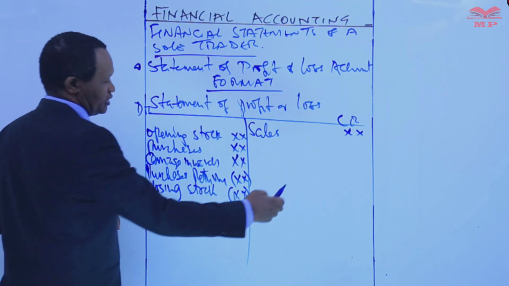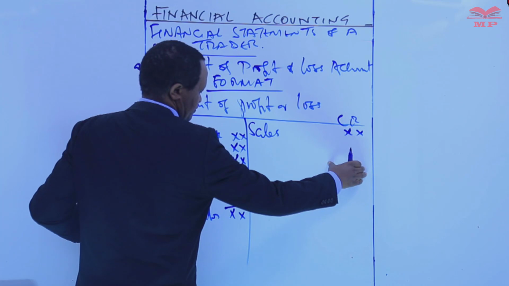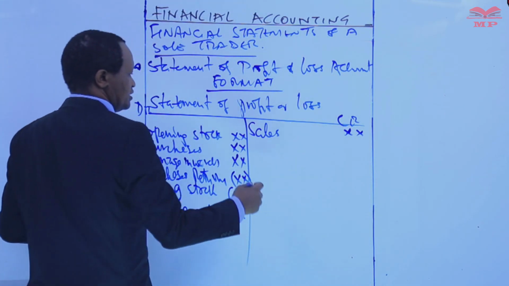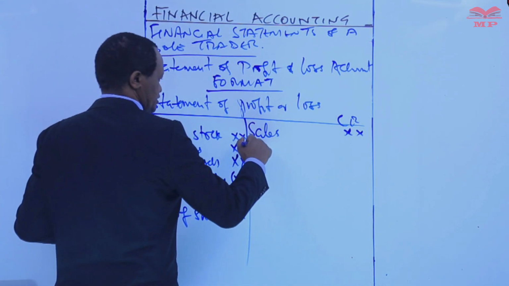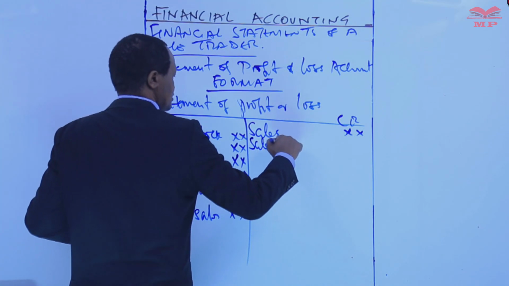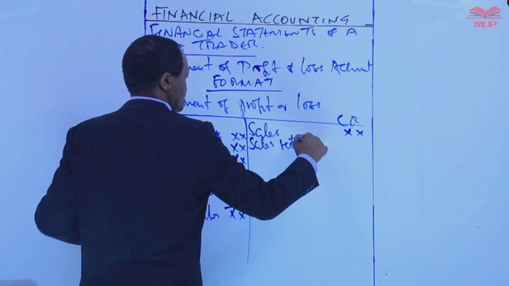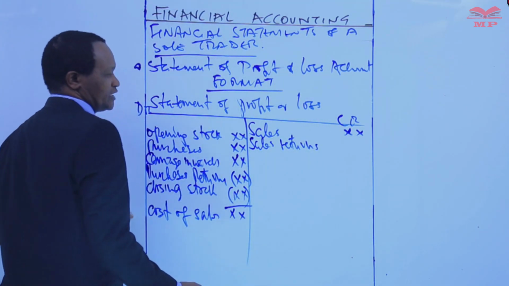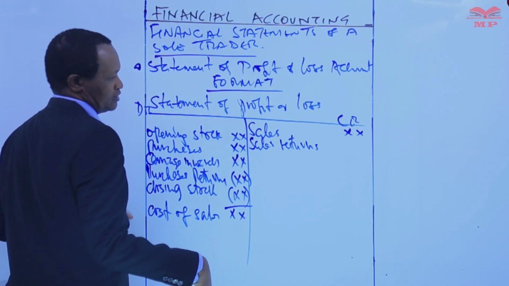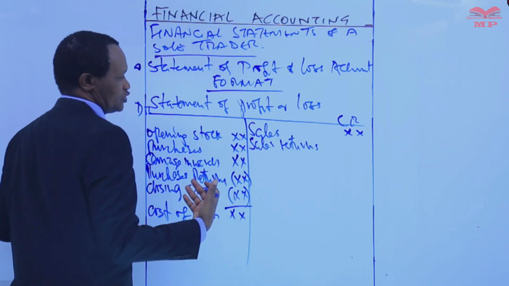So here on the credit side, we have sales, then we may deduct sales returns. After selling, we may have returns inwards. Customers may also return what was sold to them.